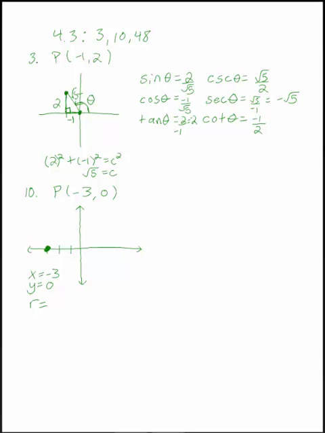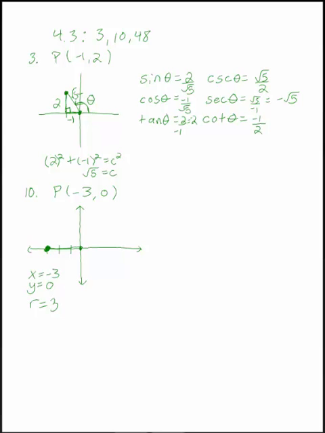So the distance from point P to the origin is just going to be 3 units. It's 3 units away from the origin. So I can think of r as the hypotenuse, or I can think of it as the distance from the point to the origin. Excellent.